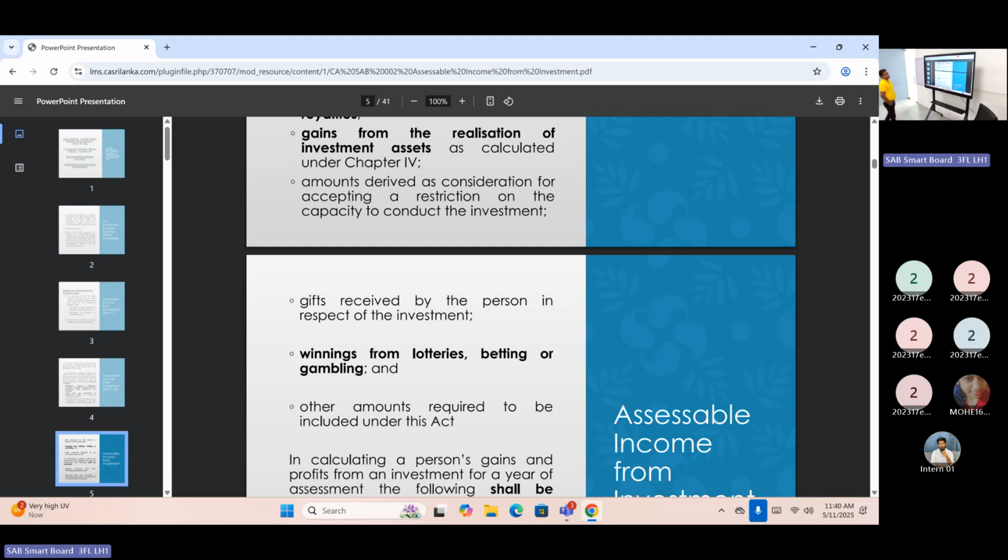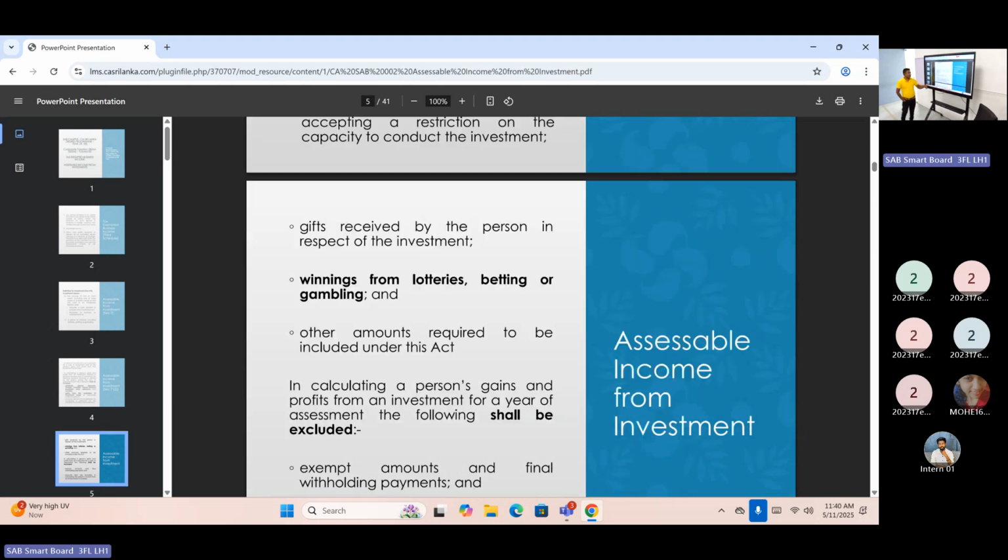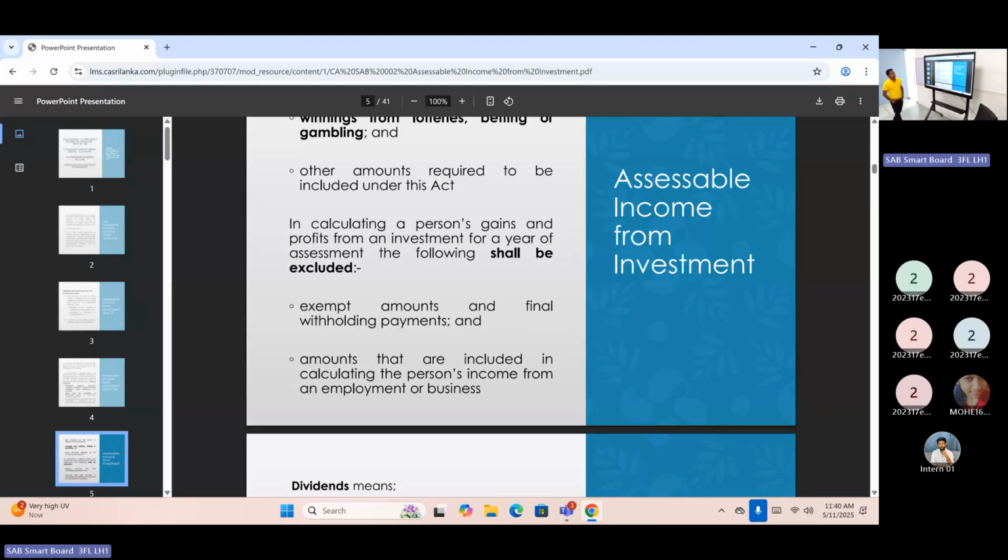Other amounts that are required to be included. In calculating a person's gains and profit from the investment for a year of assessment, the following shall be excluded: exempt amounts and final withholding amounts. Again, for all the sources of income, they are saying you can exclude these things, exempt income and final withholding amounts. Same amount anyway, it's not part and parcel of taxable income, therefore we can remove it. Final withholding also we are removing. Why?